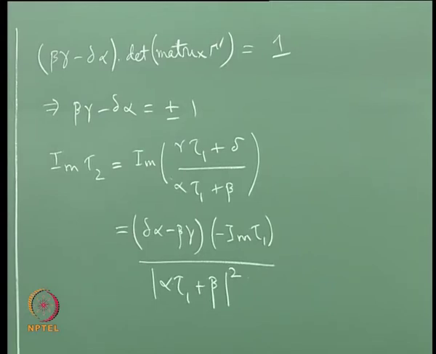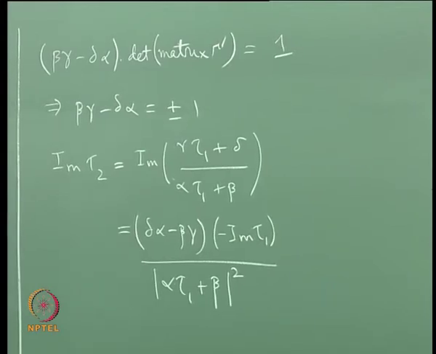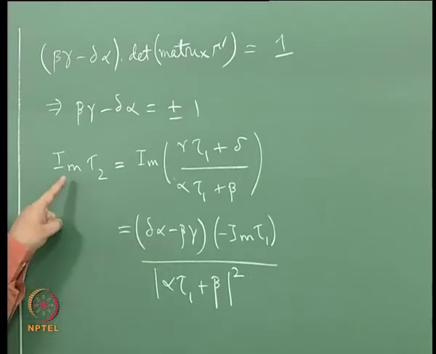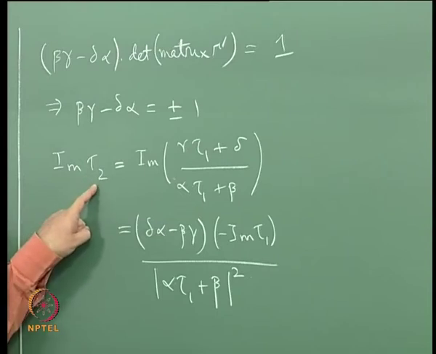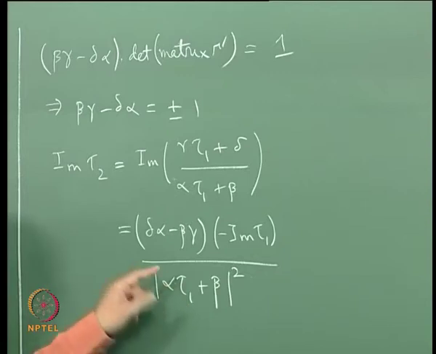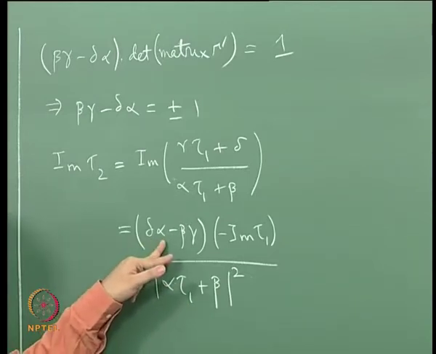If you make a very simple calculation, you will get this, and you will see that the imaginary part of tau 2 is positive, the imaginary part of tau 1 is positive, okay, and this quantity is also positive, therefore this other quantity has to be negative, okay.